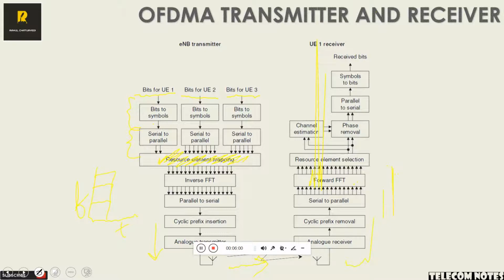Here you will find that we have used the FFT so that the signal can be converted from the time domain to the frequency domain again, then phase removal, that is, the phase shift we provided to each and every symbol. After that comes parallel to series, and the symbols are converted back into bits, and those bits are received over here.